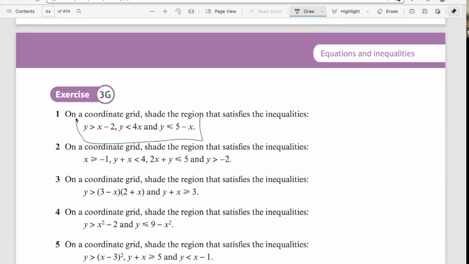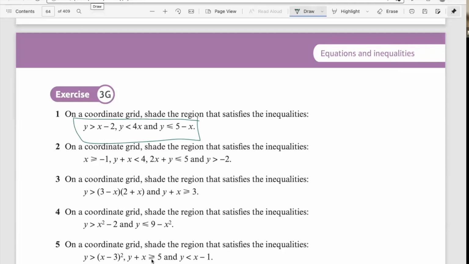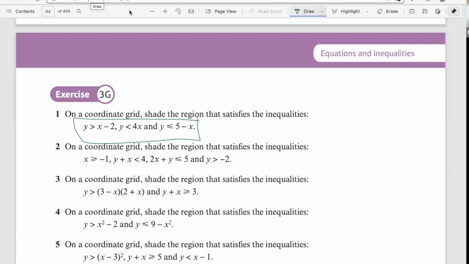Can you draw this sketch for these three? Can we use GeoGebra with that as well? Do we have to use software to draw the grid, or should we do it by hand?